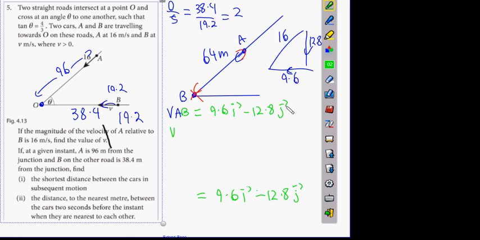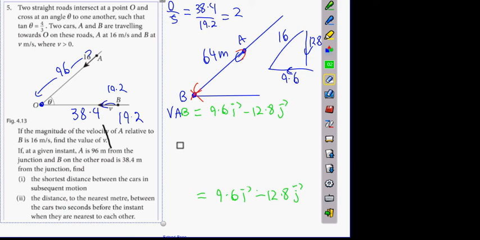Now, what we're looking at here, guys, is which one's held stationary? B. B is held stationary, okay?